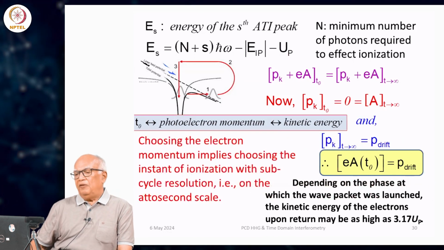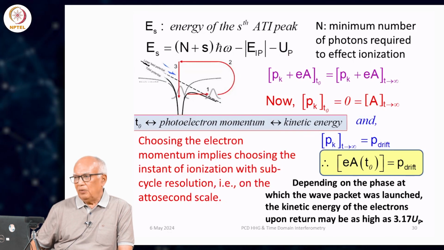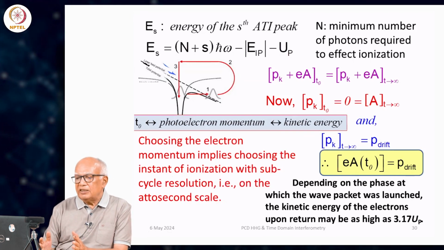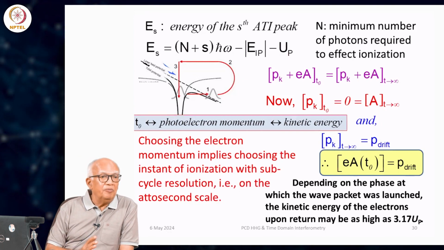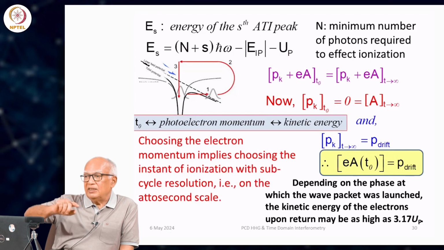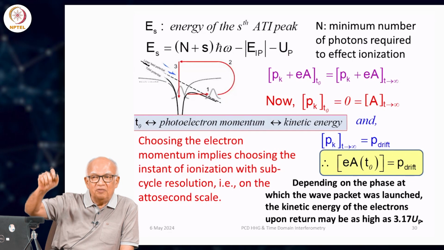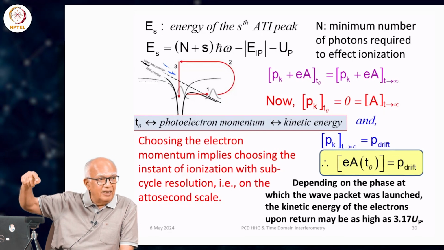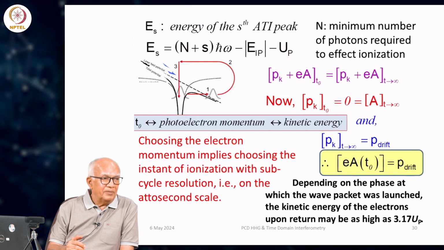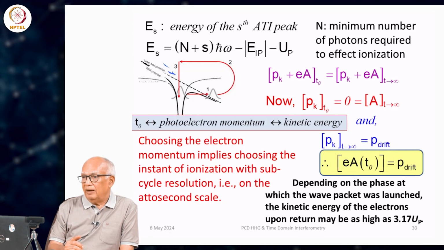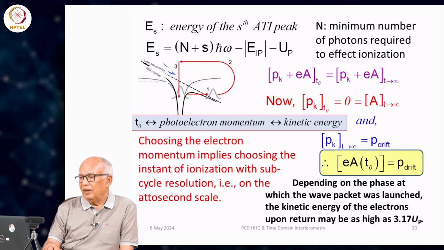If you choose an electron momentum, it calibrates into the instant of ionization on a sub-cycle resolution, because this is happening only in a very small fraction of a cycle of the driving laser. So this is on the attosecond scale. That is where the frequency factoring is taking place.